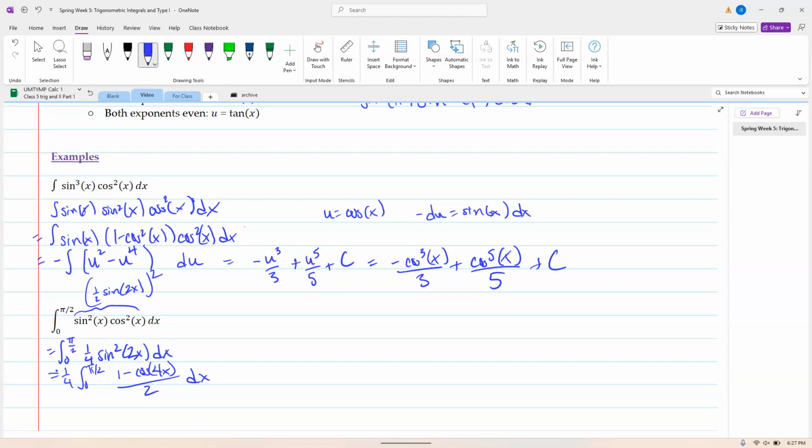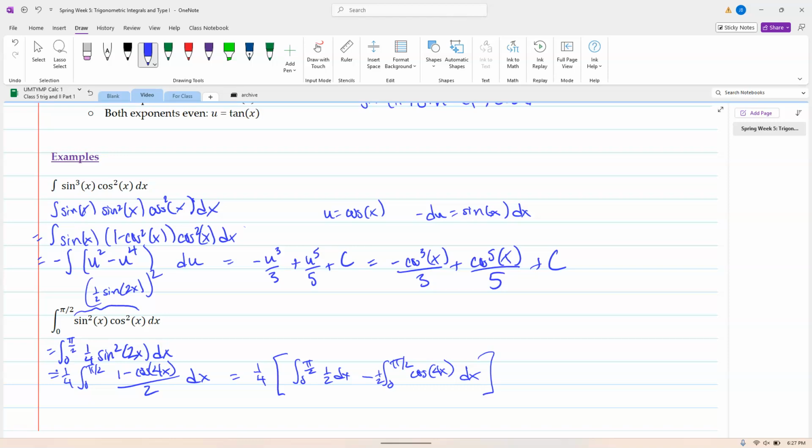And if I wanted to, I could rewrite this as 1/4 times the quantity, integral 0 to pi over 2 of 1/2 dx minus integral 0 to pi over 2 of cosine 4x, pull the 1/2 out, dx.